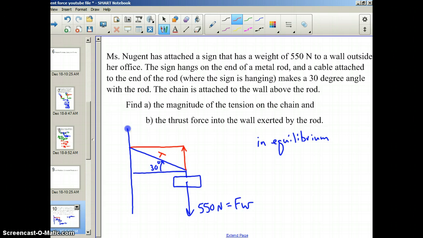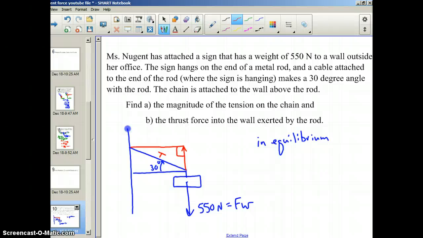In other words, this will always be a right triangle. Don't confuse the physical objects that are pictured here in the drawing with the actual forces that are acting in those directions. It's the forces that we're interested in. So the length of the chain and the size of the sign are actually irrelevant.